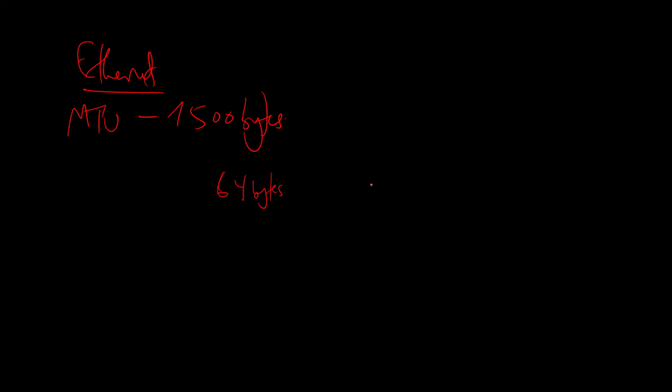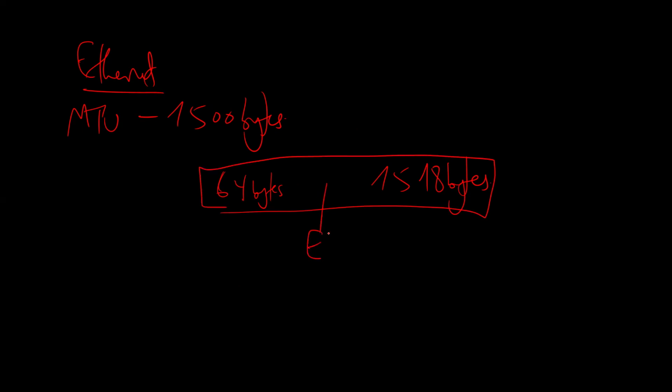Then the maximum is 1518. So an Ethernet frame can have a minimum size of 64 bytes and a maximum size of 1518 bytes.